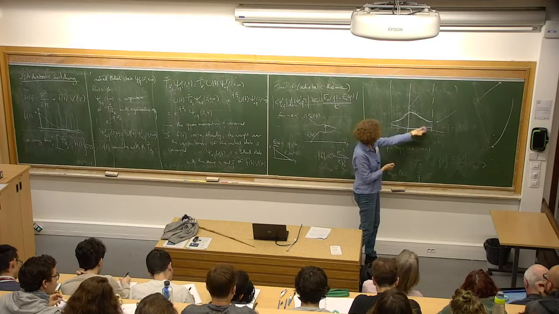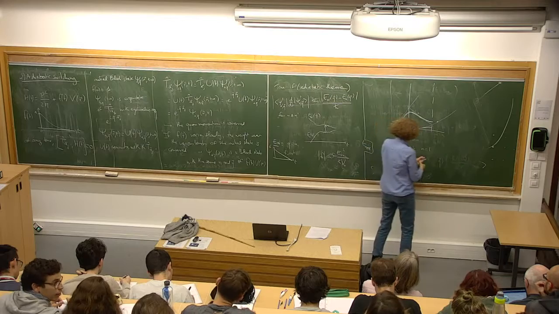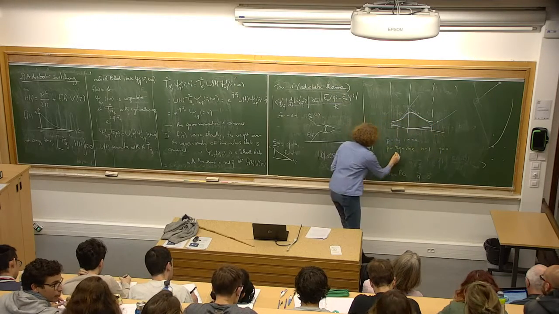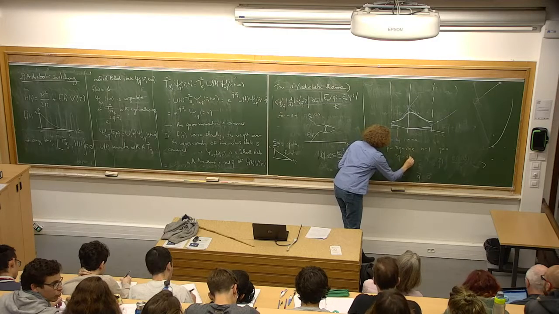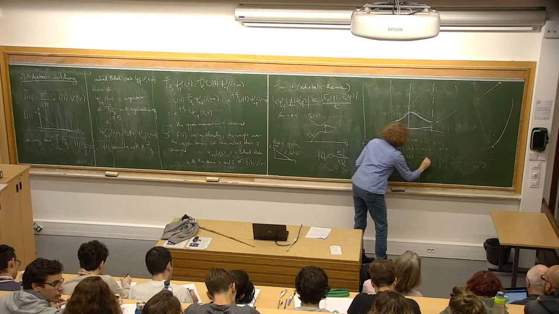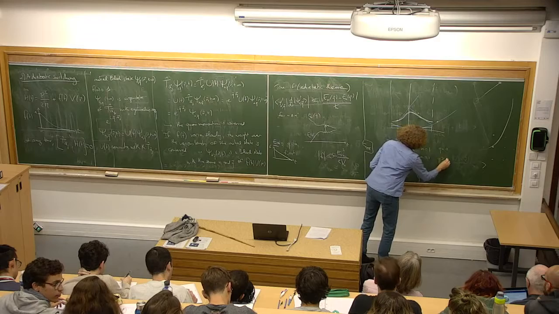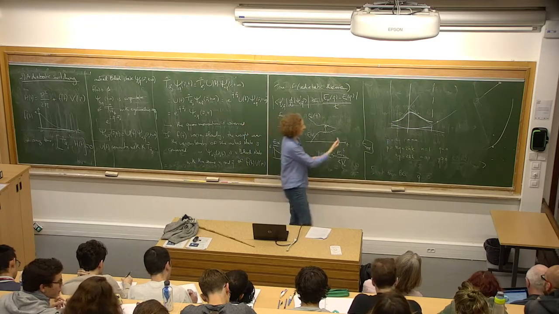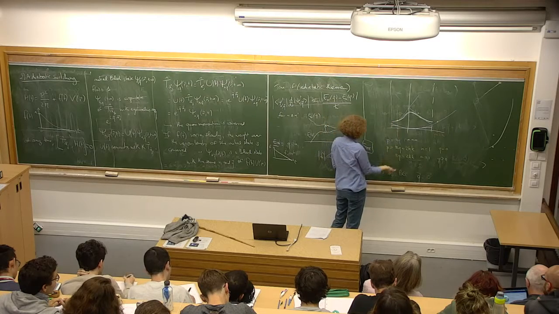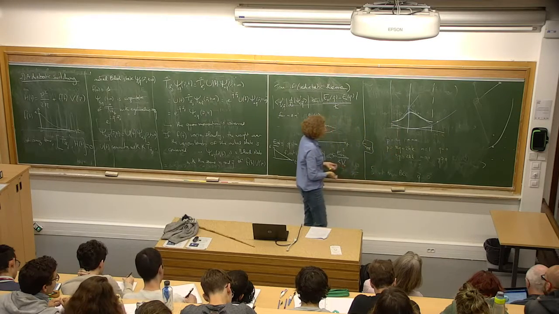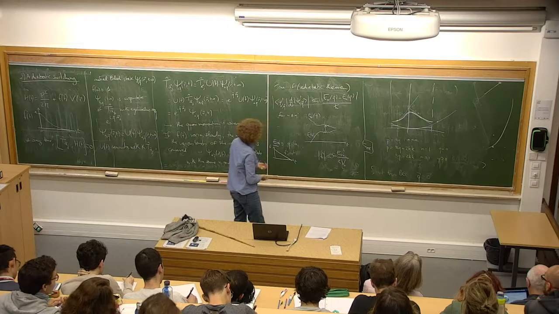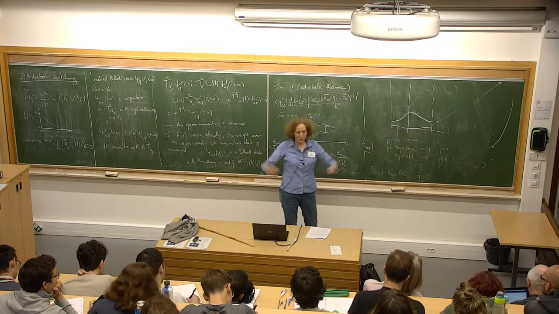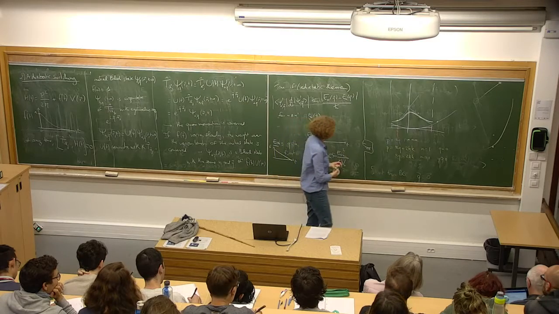If the q is positive, then I will have h bar q minus 2h bar k in the first excited band. If I was in the second excited band, then I will have h bar q plus 2h bar k for q positive and h bar q minus 2h bar k for q negative, because now I'm close to 4h bar k, etc., etc.